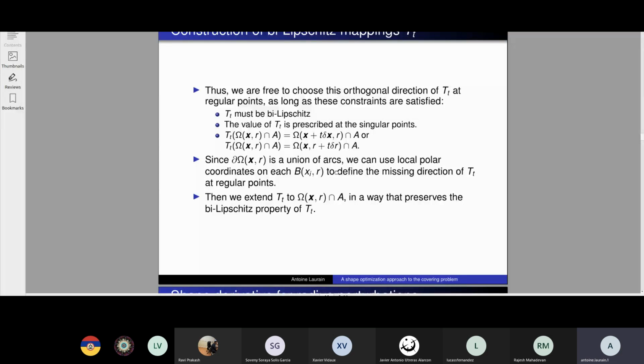So the value at the singular point is prescribed, and we interpolate these values at the regular points using polar coordinates. So this is quite convenient that we use disks. And if we were not using disks, this would be much more difficult. And I'm thinking about this kind of extension, but I haven't found the solution to this yet.